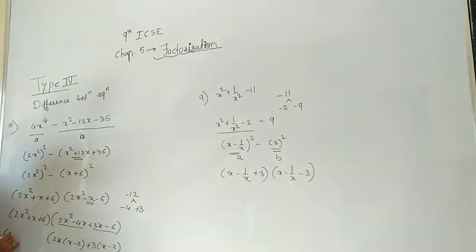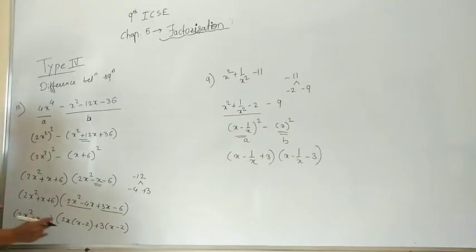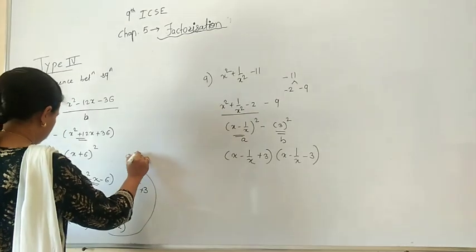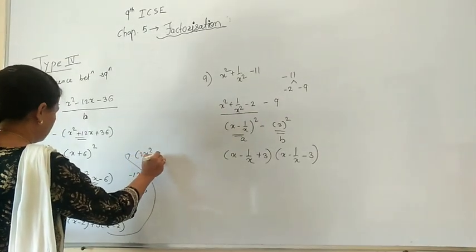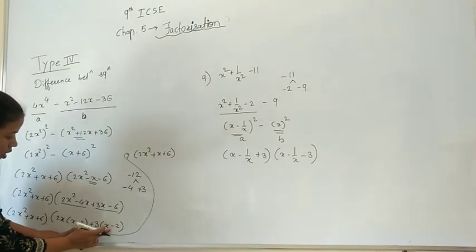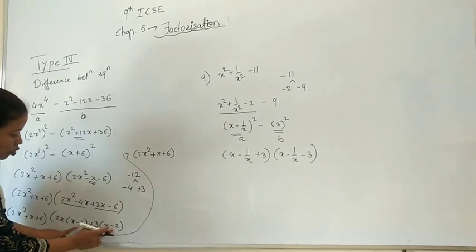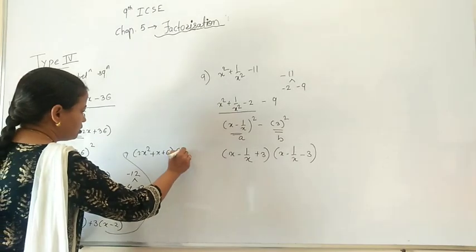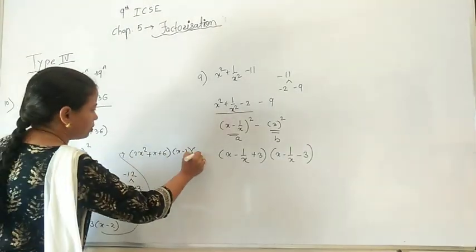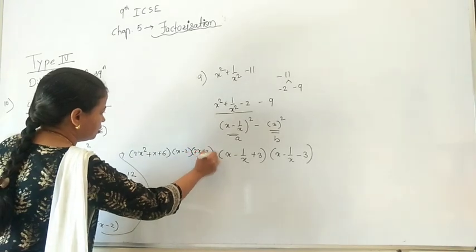This bracket as it is, (2x square plus x plus 6). Now further step is here, these two we can say (x minus 2) as common, and the other (2x plus 3) in the other bracket.